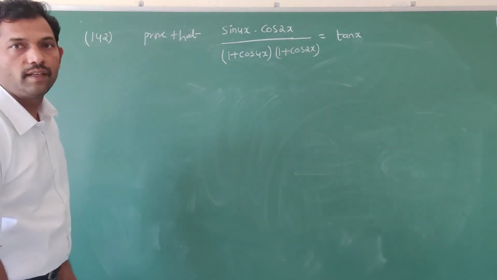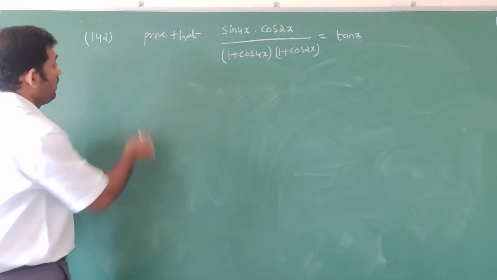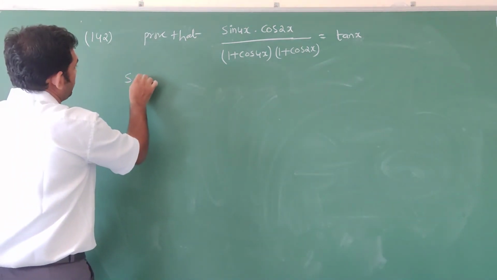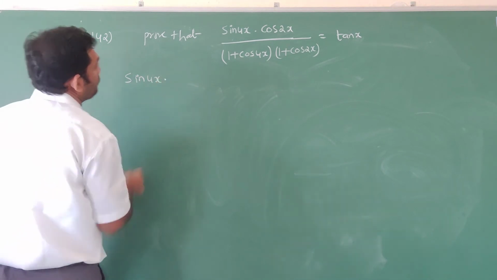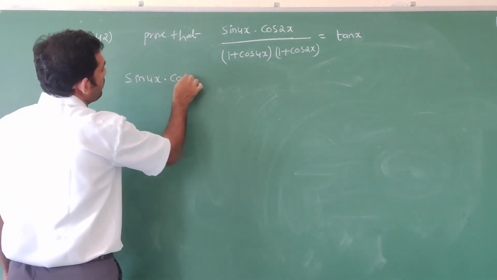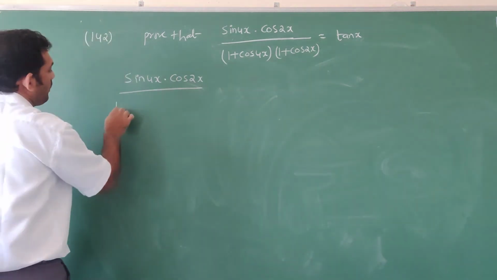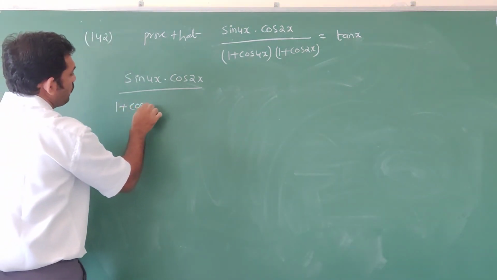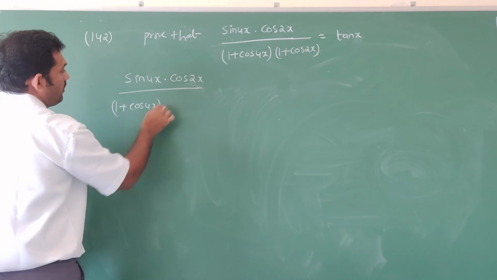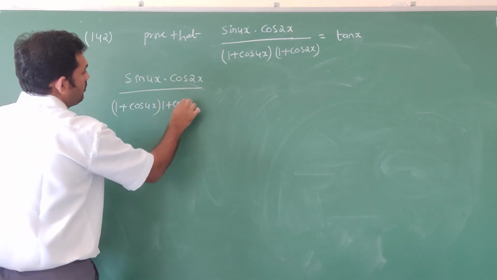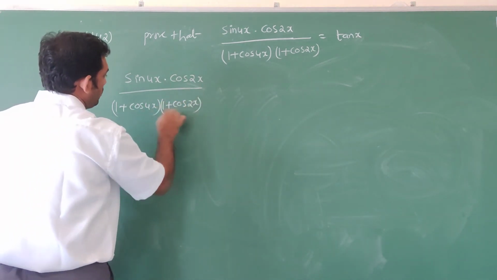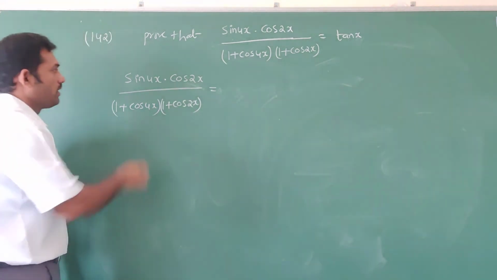Okay, now listen carefully to this one. Take the LHS value: sin 4x into cos 2x, divided by (1 plus cos 4x)(1 plus cos 2x). Write the formula.